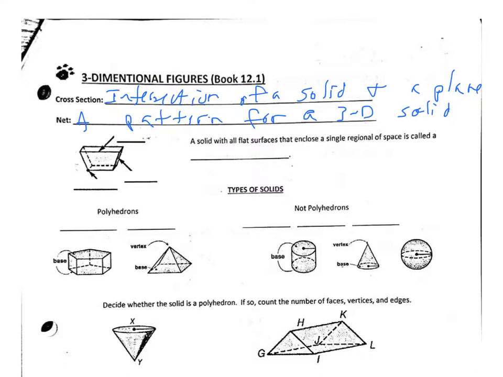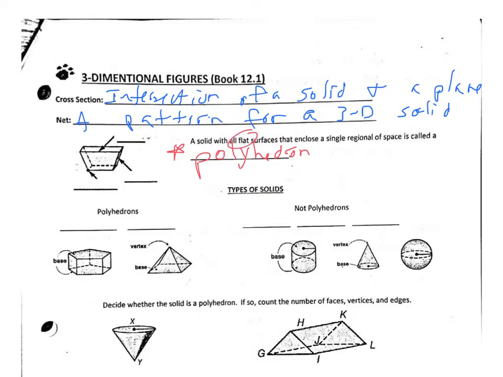A solid with all flat surfaces that enclose a single region of space is called a polyhedron. Now, notice flat is the key word there.